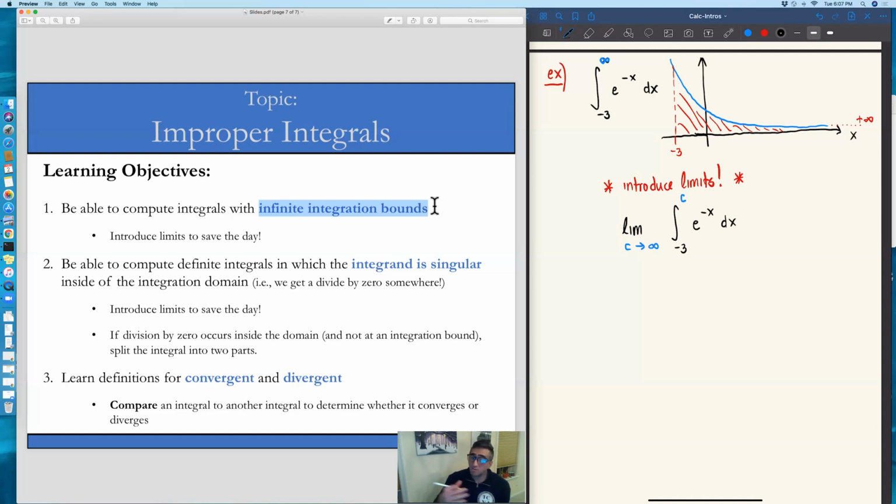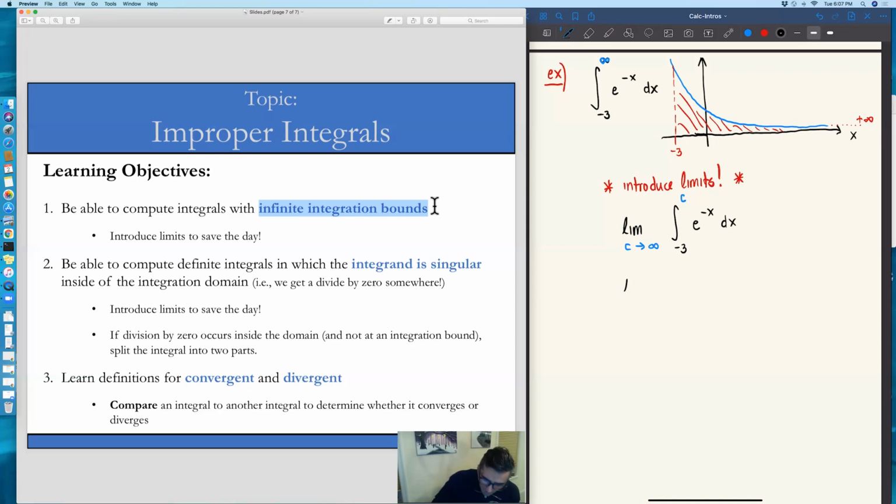And now that we've introduced that limit, what we're really saying in terms of this definite integral is that we're thinking of it as having a fixed first end at -3 and a fixed end at c. It just so happens at the very end of the problem, we're going to keep kicking c larger and larger until it gets to infinity through that limit. But once we've introduced that limit, we can just proceed with the problem as we would any other definite integral.